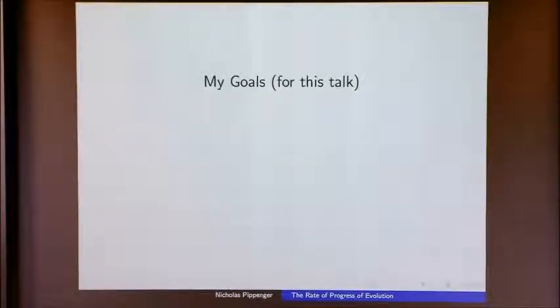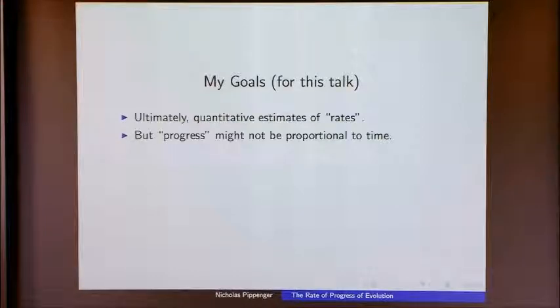So the first goal I want to talk about is my goal for this talk, or at least for the subject matter that I'll be talking about in this talk. Ultimately, I'd like to be able to talk about quantitative estimates of rates of various processes. And the theme of my talk is you shouldn't necessarily expect progress to be proportional to time.